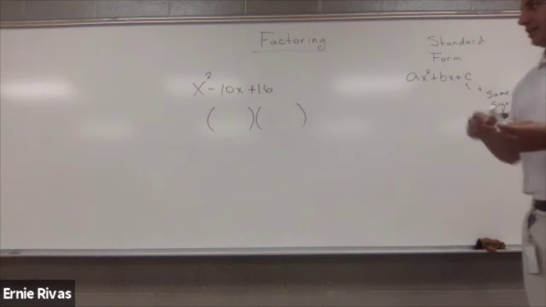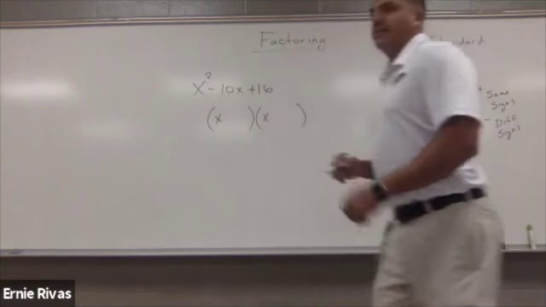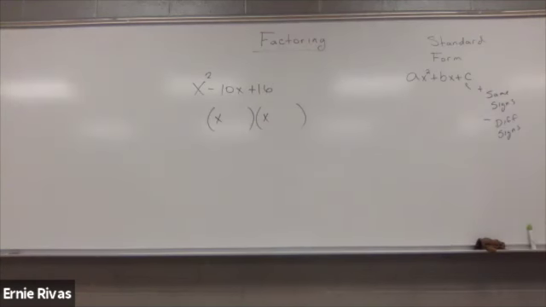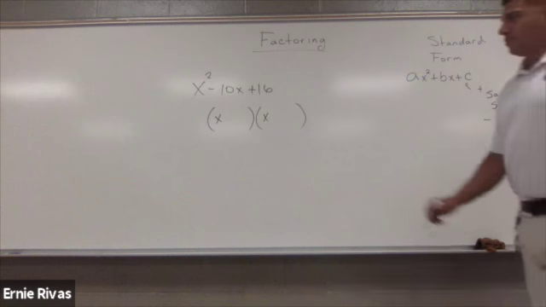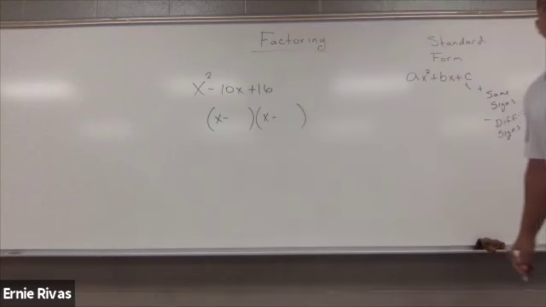Okay, so now because A is 1, I can start with my x and x. Now what does the C term tell me? That they're going to be the same sign. But what does the B term tell me? They're both going to be minus. Very good. So negative, negative there, and we are almost finished with this problem.